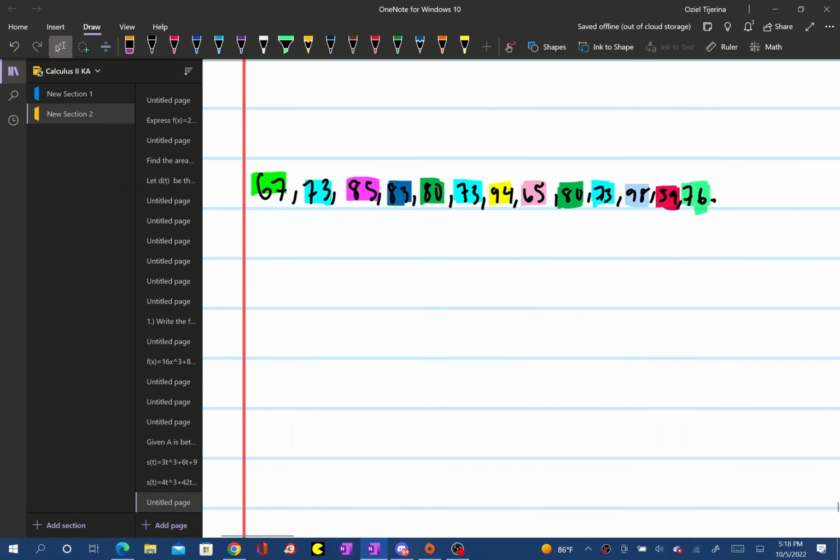The mode, I believe, is, 80 appears 2 times, and 73 appears 3 times, so the mode is 73.